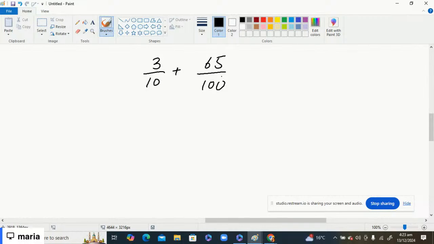So multiplying 3 by 10 with the 10, the top answer is 30, the bottom answer is 100. So 30 by 100. Now putting only one denominator and adding their numerators. Like this way we are going to write.